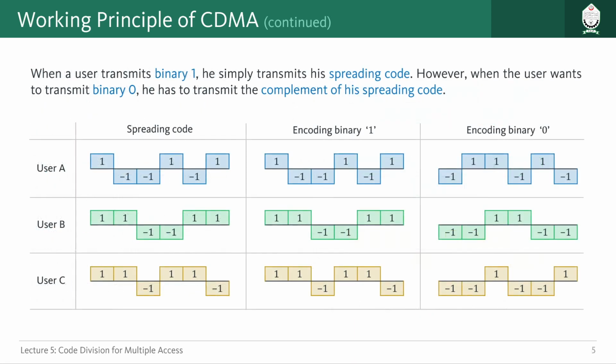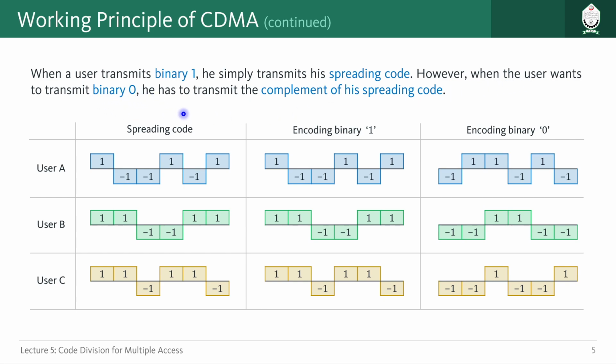Now how do we actually transmit information using these spreading sequences? From the previous lectures, we know that whenever we want to transmit binary 1, we simply transmit the spreading code when we are communicating using spread spectrum. And when we want to transmit binary 0, what do we do?